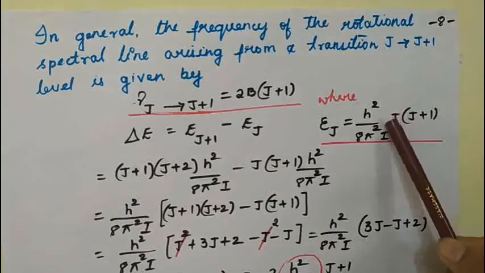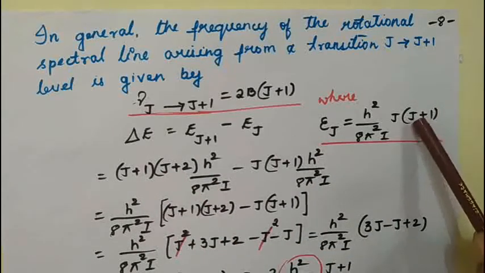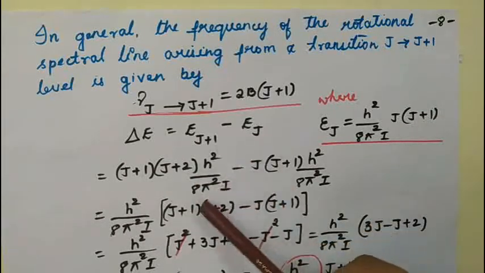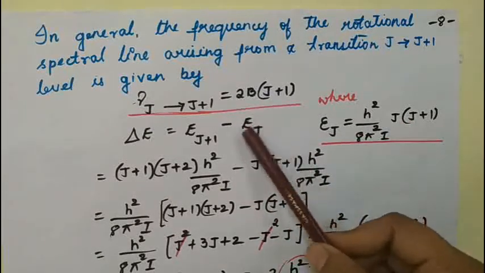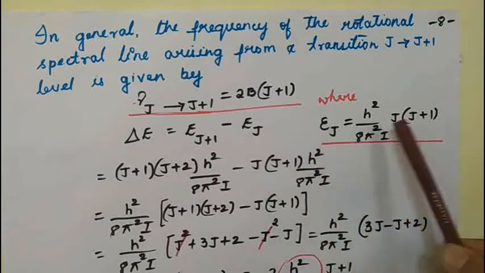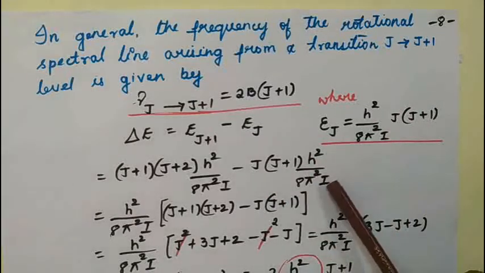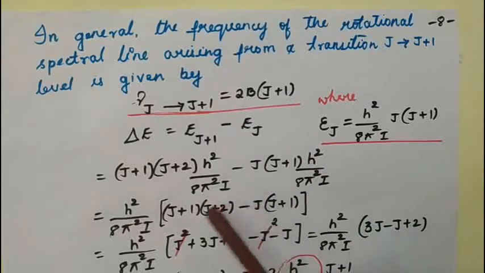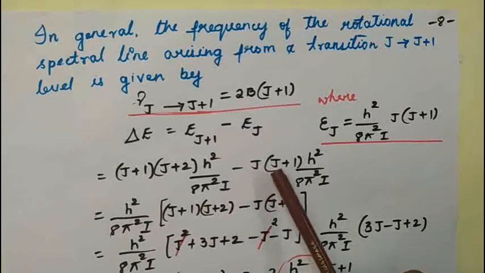So we have J plus 1 into J plus 2, because J plus 1 will give J plus 2, times h squared over 8 pi squared I, minus, in place of J you have to write J. This is the lower energy level, so you have only J into J plus 1, times h squared over 8 pi squared I. Now since h squared divided by 8 pi squared I is common, take it out. Then the remaining terms are J plus 1 into J plus 2 minus J into J plus 1.